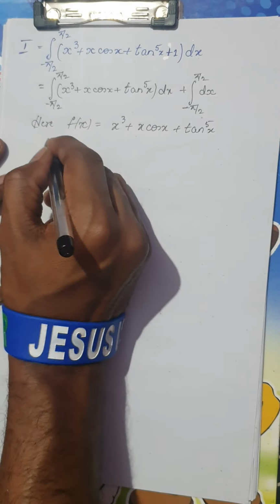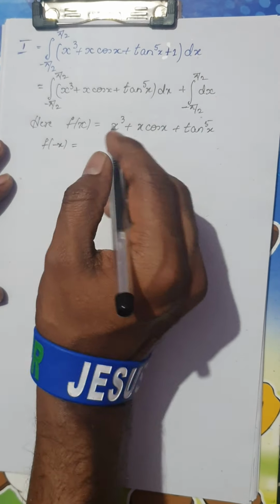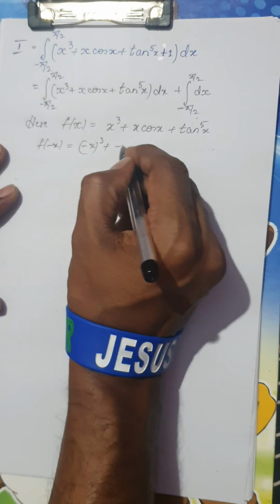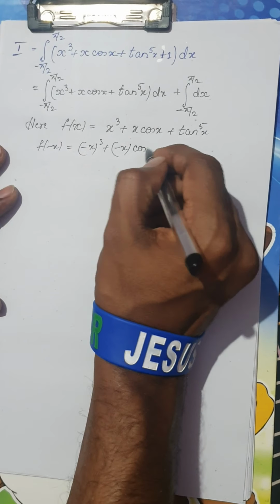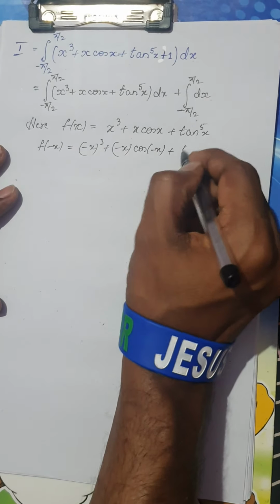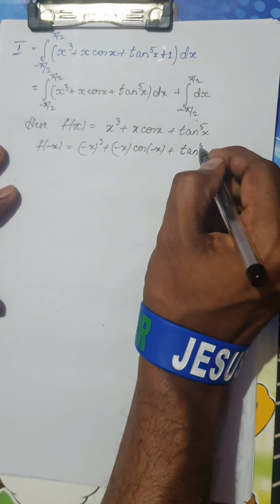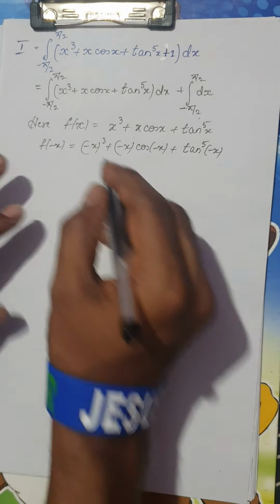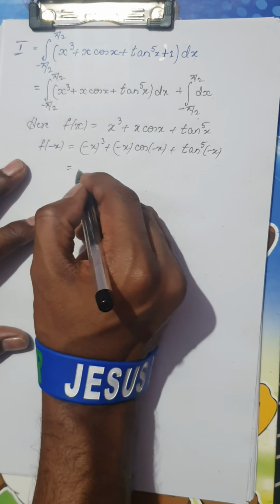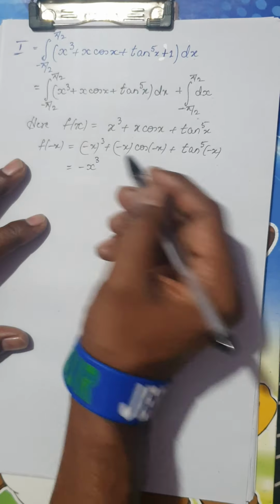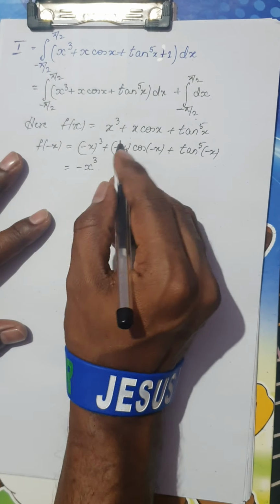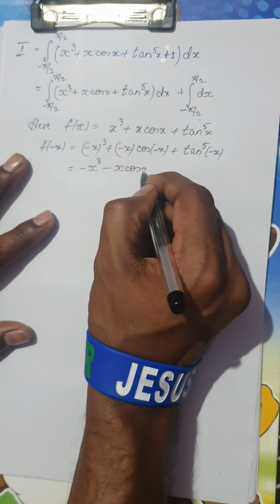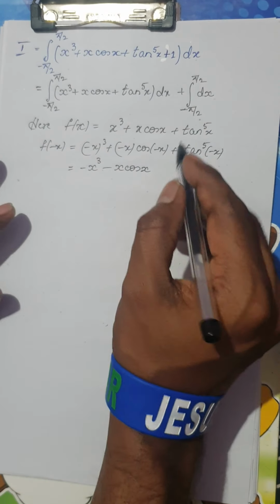Let me check what f of minus x is. f of minus x is minus x whole cube plus minus x into cos of minus x plus tan power 5 of minus x. Because the power is odd, this is simply minus x cube. Now plus into minus will be minus x, and we know cos of minus x is simply cos x.